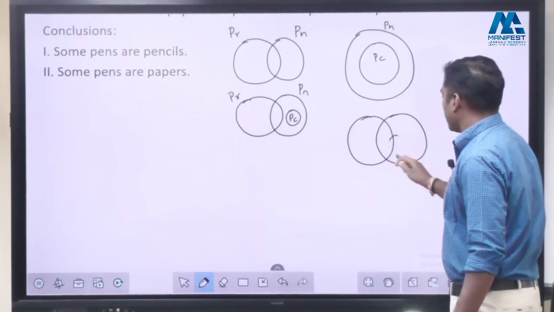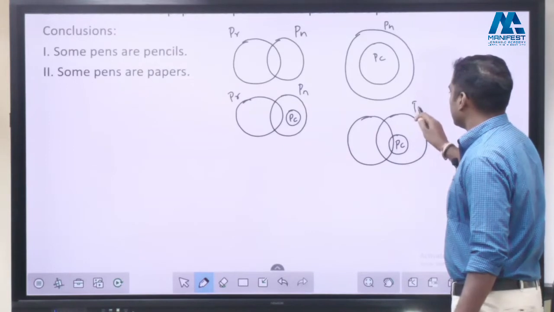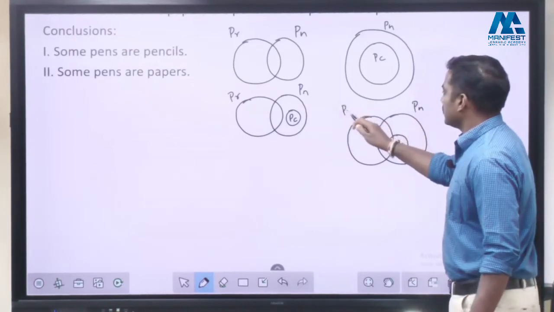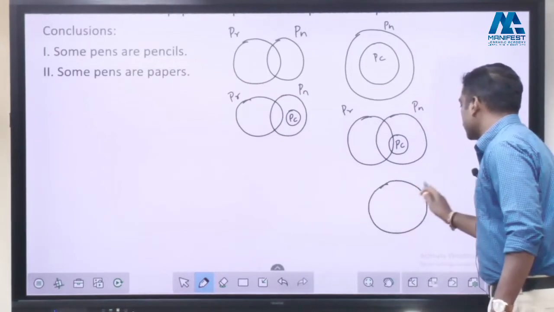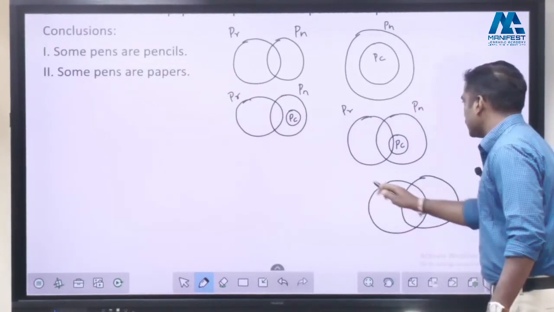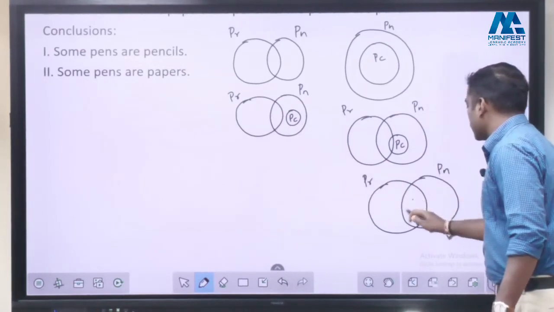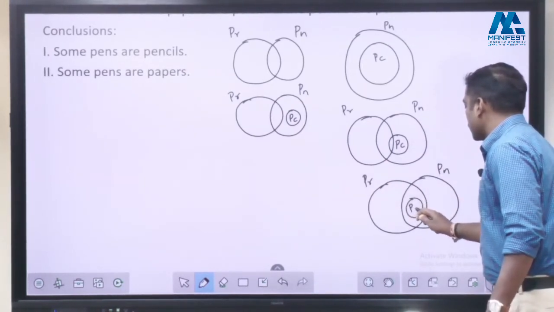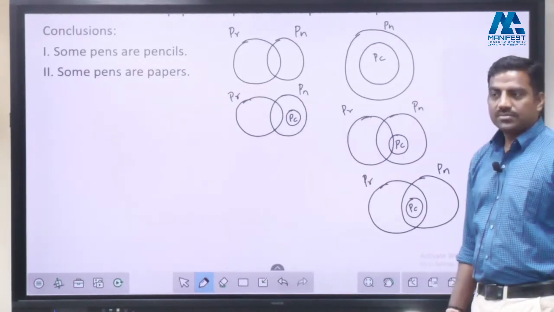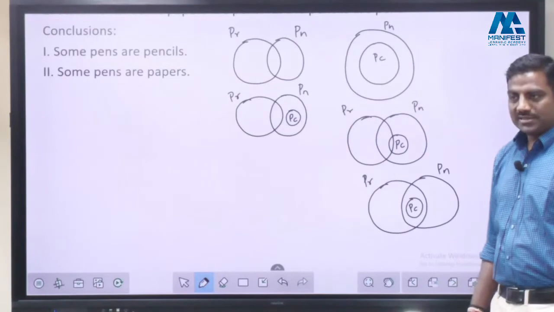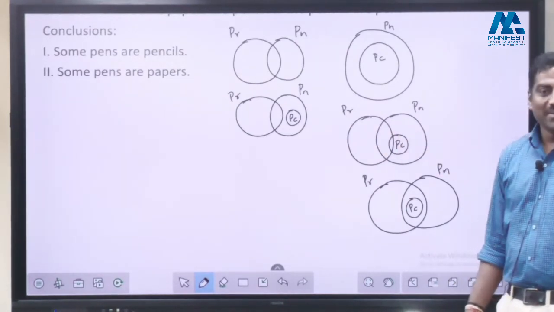Then, this is second chance. Third chance. Any other chance? But in examination, if you keep on writing all these diagrams, it will simply kill your time.